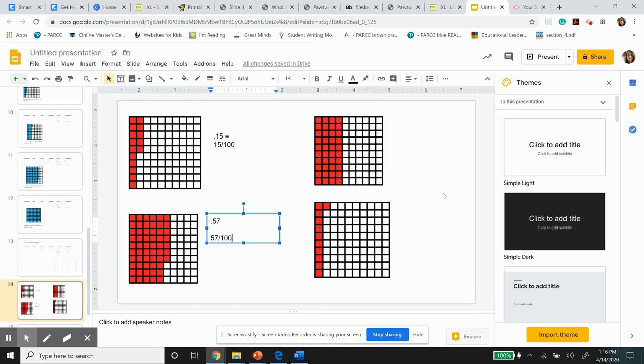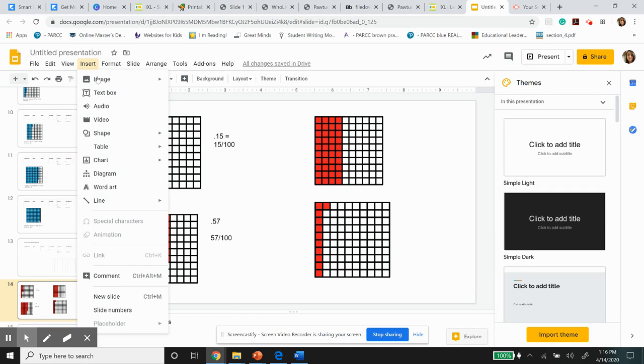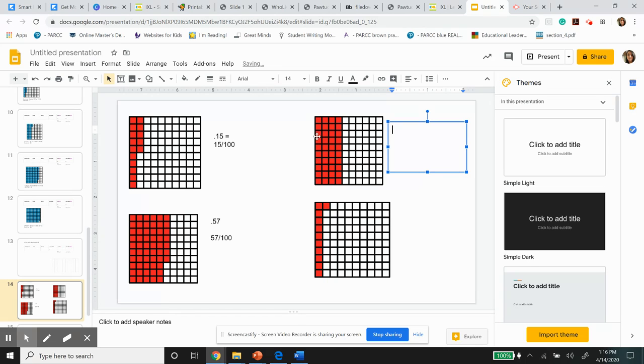All right, let's look at this one right here. So 10, 20, 30, 40. There's 100 squares, right? So there you go. Or 40 over 100.